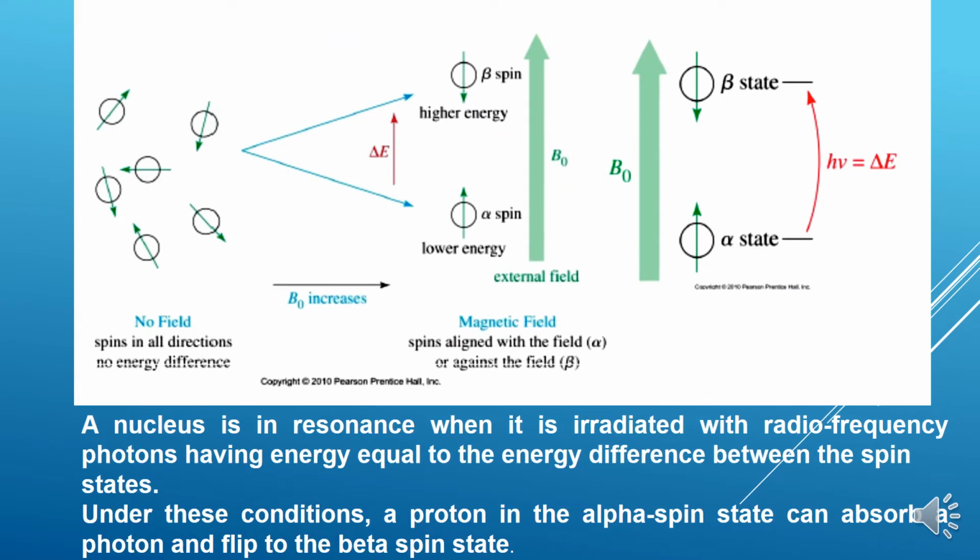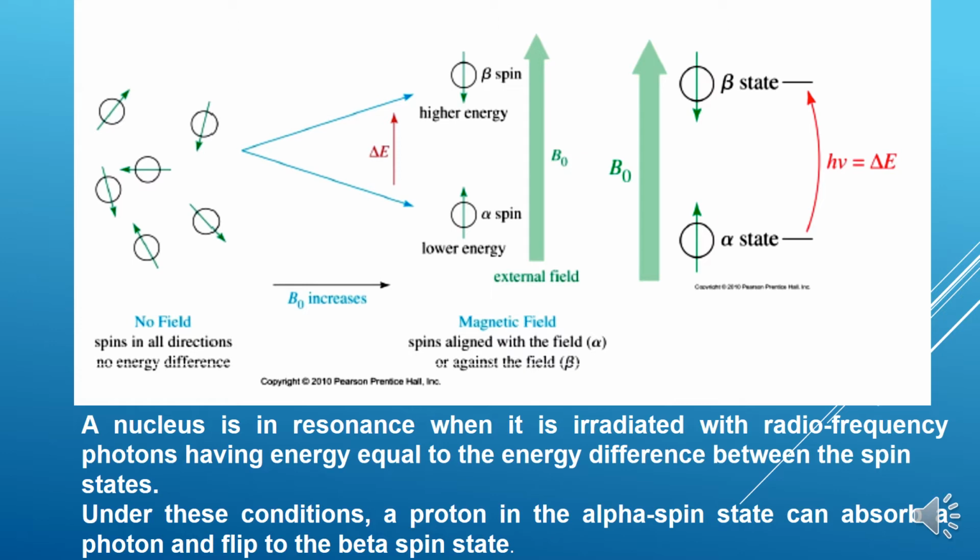So in this slide, we have clearly mentioned the nuclear states of given atoms or molecules. Remember, the nucleus is in resonance when it is irradiated with radio frequency photons having energy equal to the energy difference between the spin states.